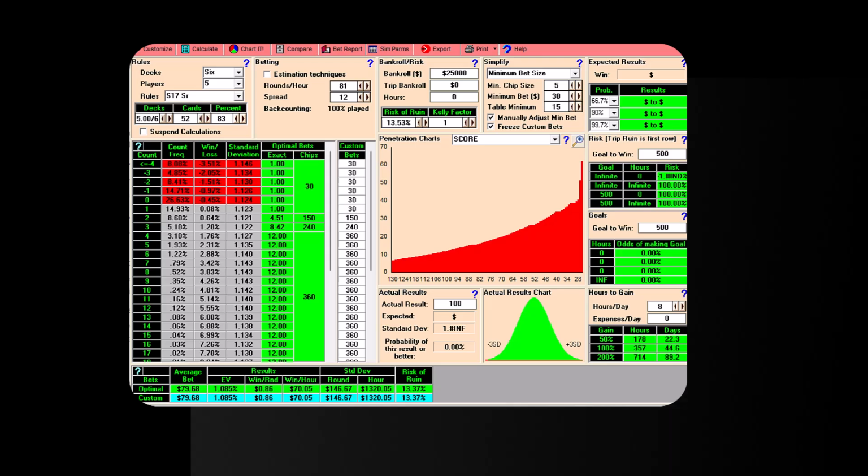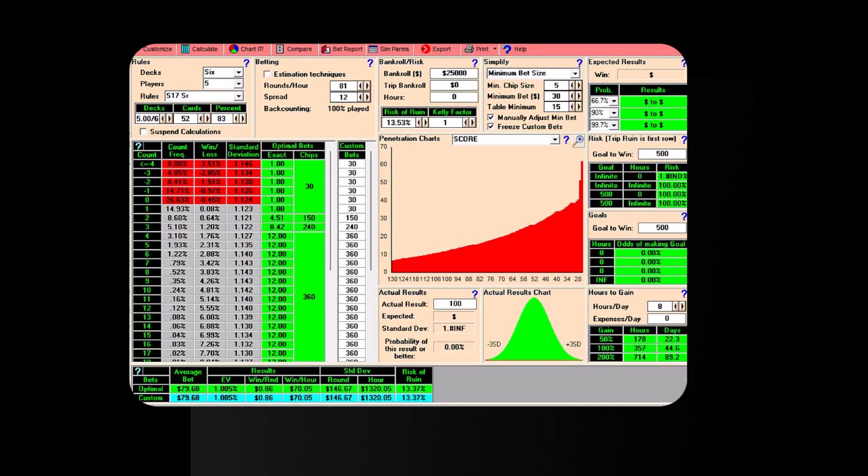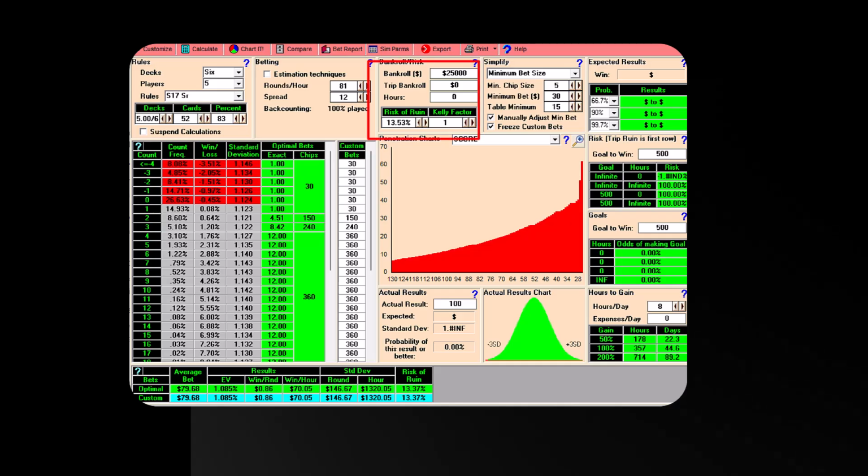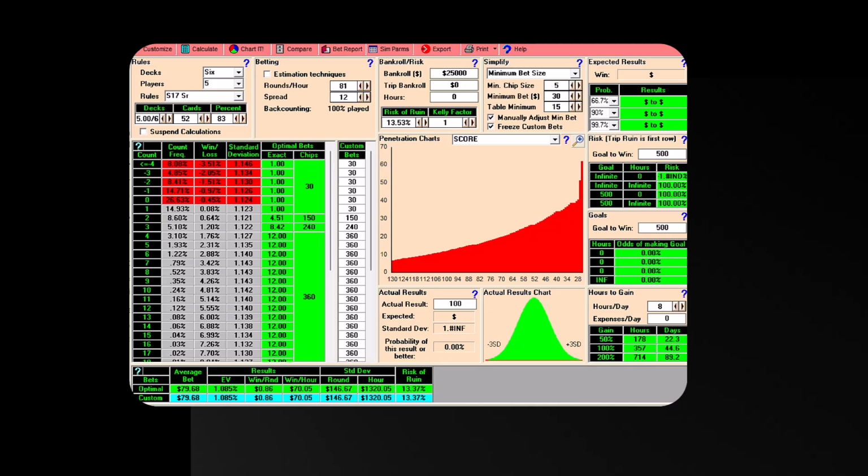The results screen is composed of boxes, charts, and tables. On the upper left-hand corner, we have the rules box. Next is the betting box, followed by the bankroll risk box, the simplify box, and then the expected results box.